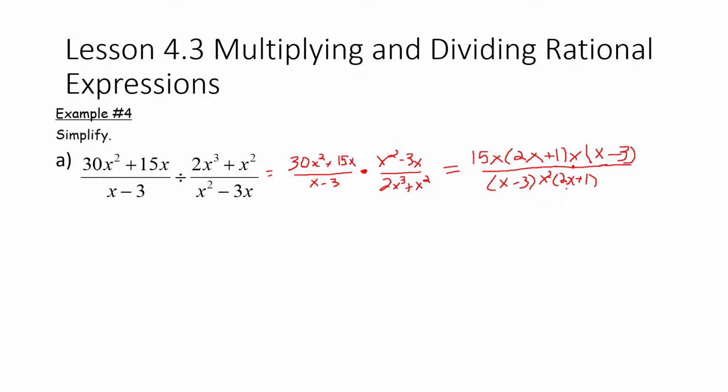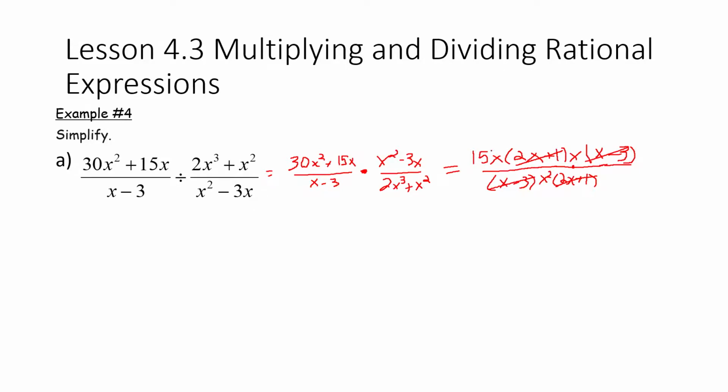Now we're going to look at all the terms in the top and the bottom and look for anything that's shared between them to do some elimination, to do some reducing. 2x plus 1 and 2x plus 1 are in the top and the bottom. Anything divided by itself is 1, so those two are going to cancel out. X minus 3 and x minus 3 in the top and the bottom. Anything divided by itself is 1, so those are gone too.